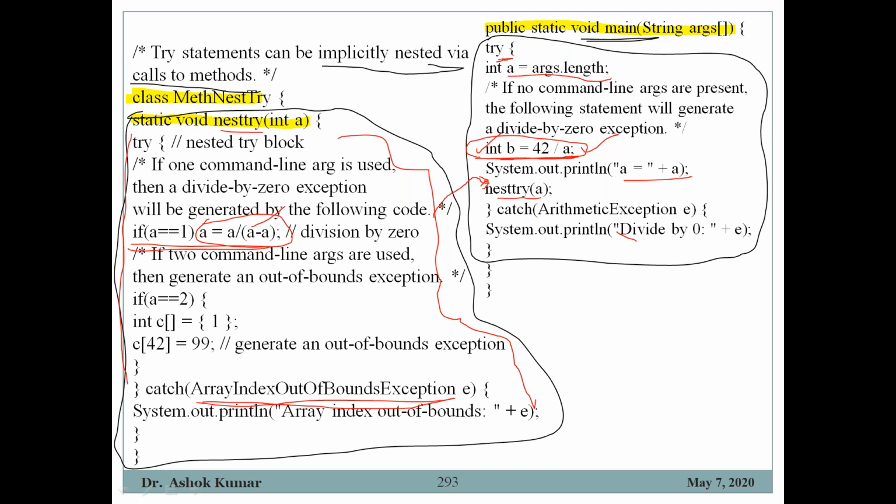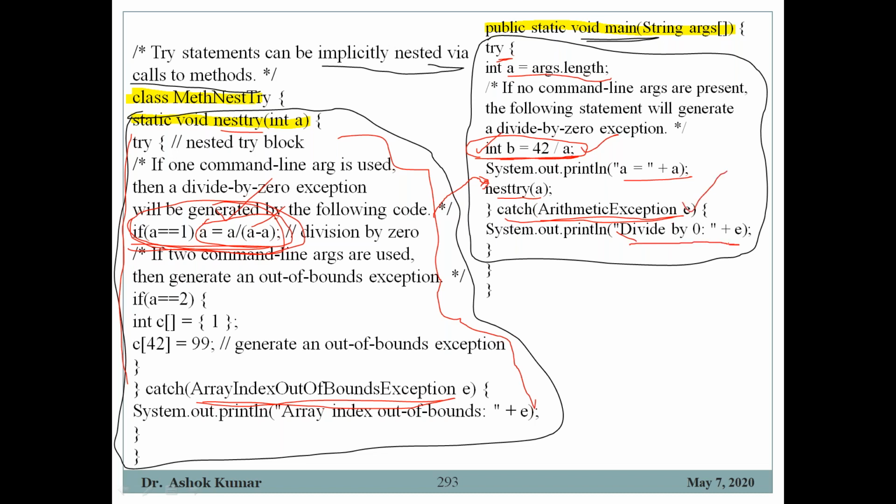So its catch block will be tested. Here we have a catch block that can catch the exception that is generated here, arithmetic exception type, in the nested try. So this will be passed on to this e object in the main, and you will get divided by zero exception.